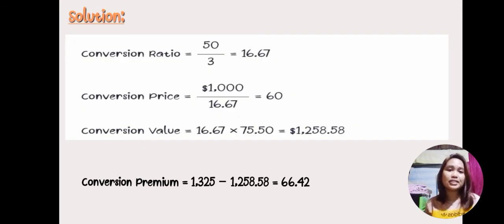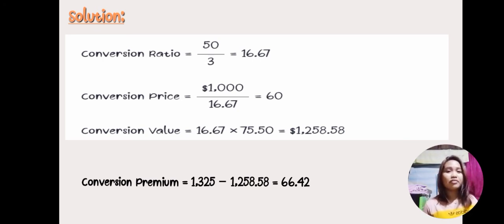So this is the solution. Our conversion ratio, following our formula, is 50 divided by 3, which equals 16.67, and the conversion price is 1,000 divided by 16.67, which equals 60.